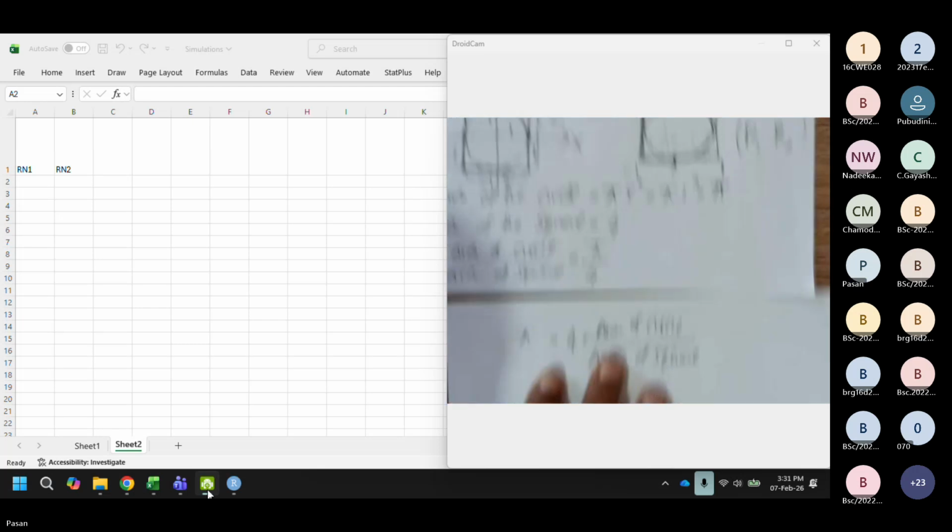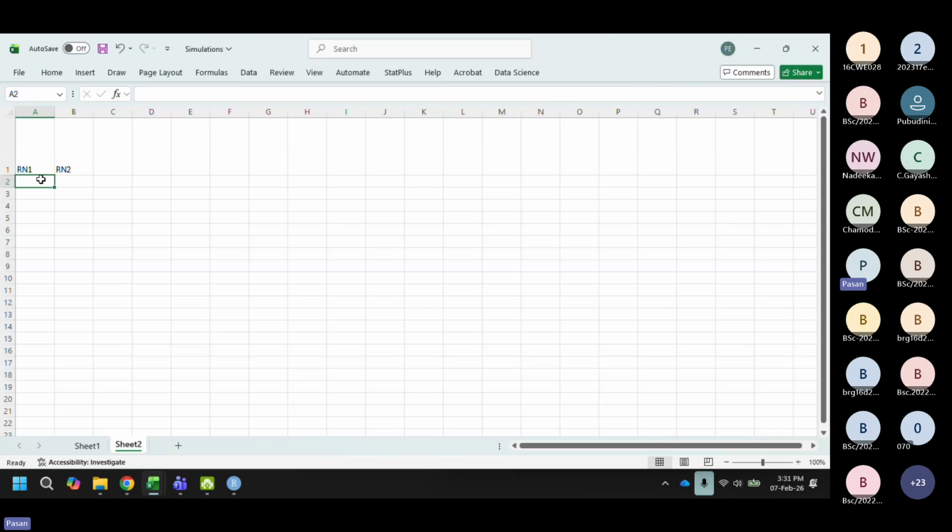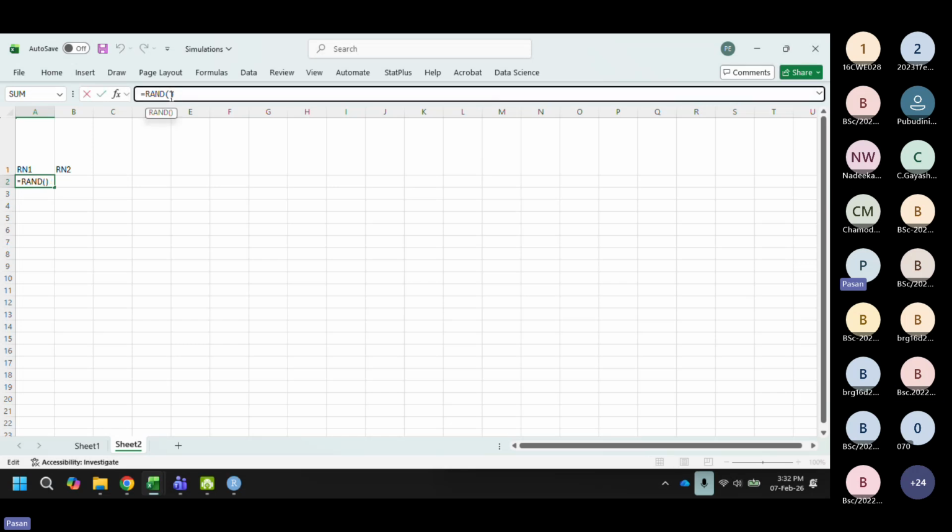So let me generate them. Okay, I need to show that, so if I just use the RAND command, that is going to give me a random number between 0 and 1, right?